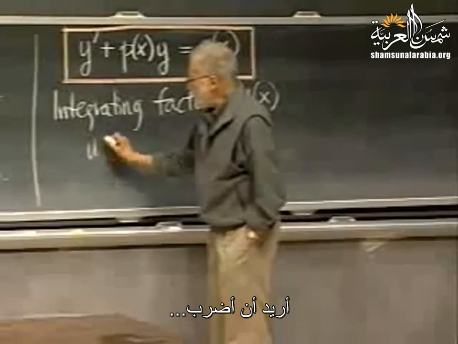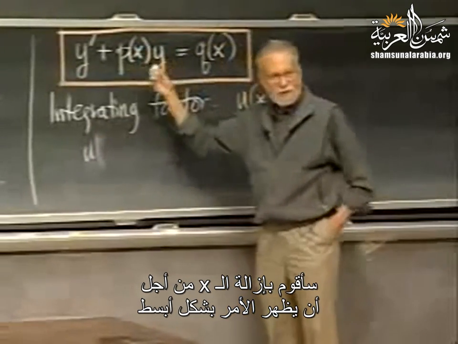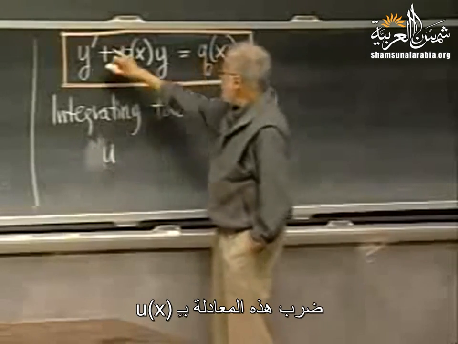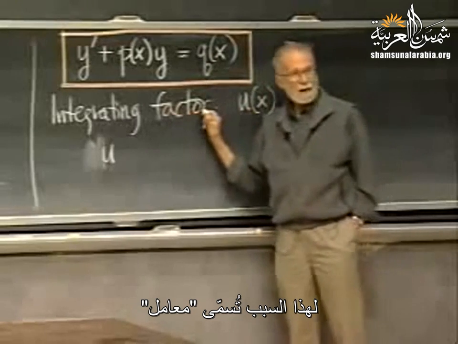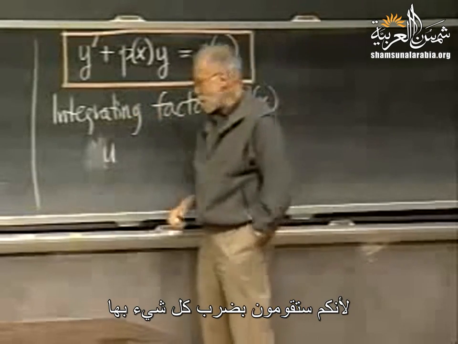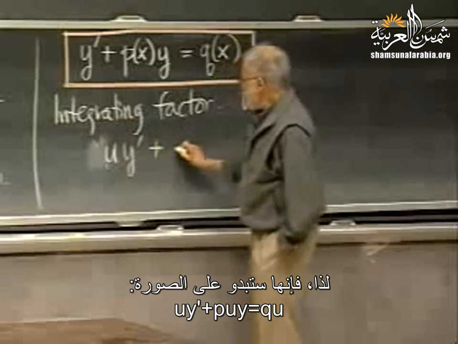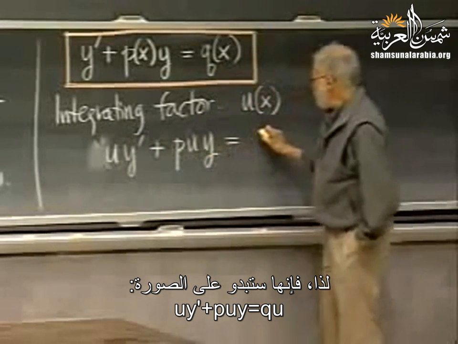I'm going to drop the x's just so that the thing looks less complicated. I want to multiply this equation through by u of x. That's why it's called a factor, because you're going to multiply everything through by it. So it's going to look like u y prime plus p u y equals q u.